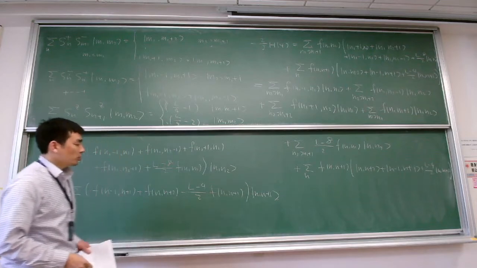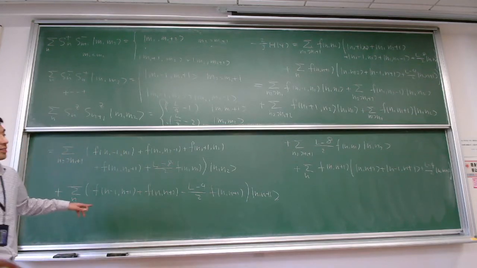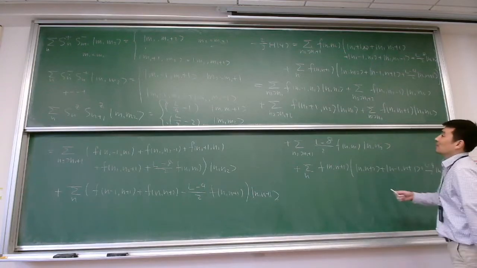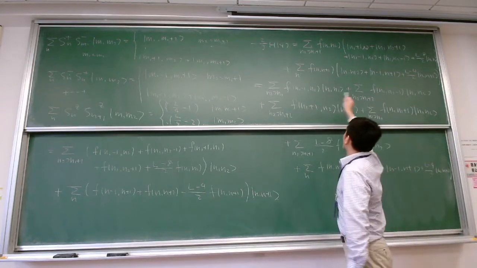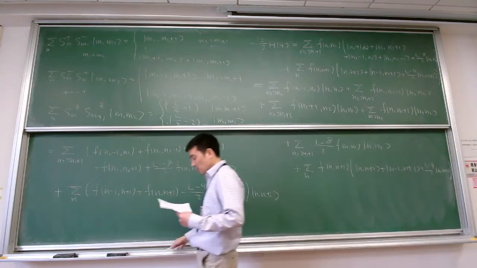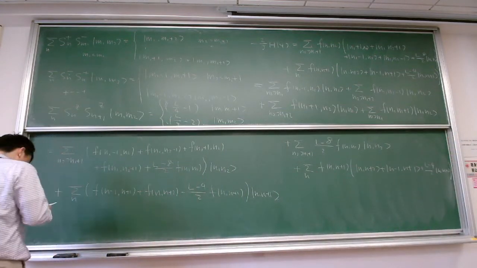So you just be careful about the condition here, and compare with this one, you get this. I mean, it's not so difficult an exercise. You can do it by yourself if you're interested.